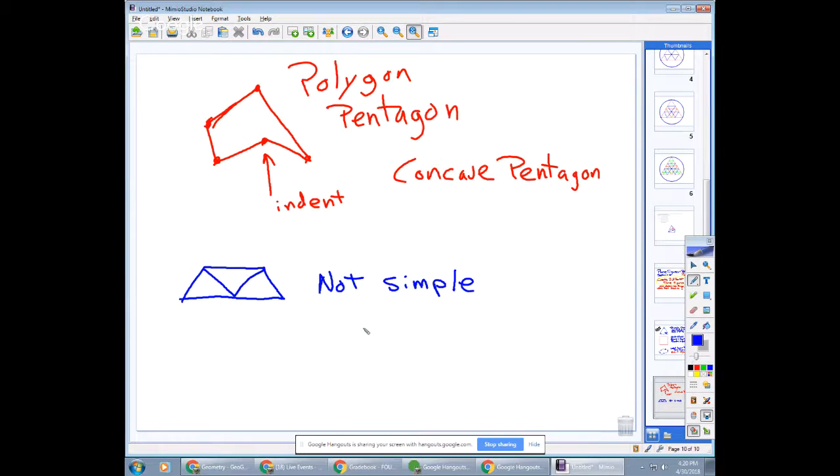So a shape is not simple if it crosses over itself or crosses through itself. That's what makes it non-simple or not simple.